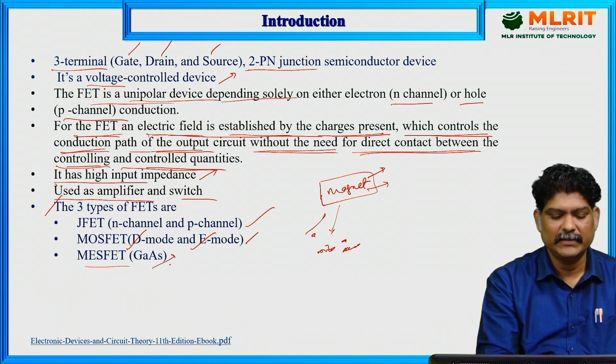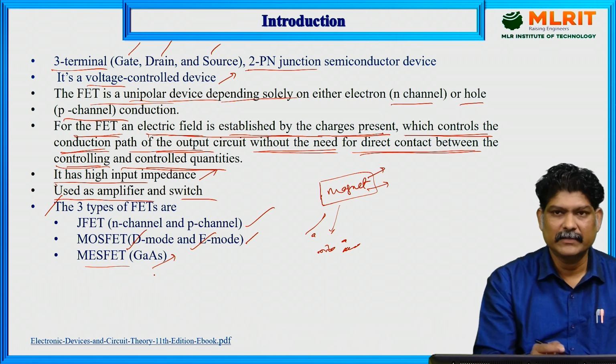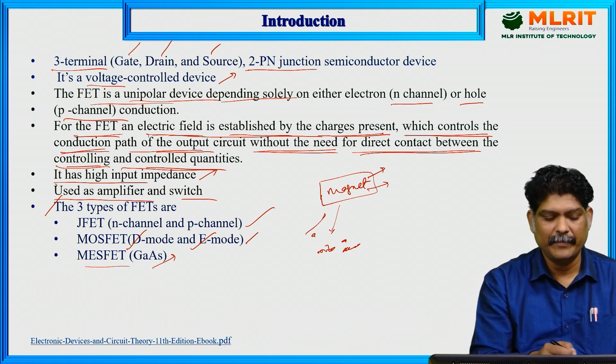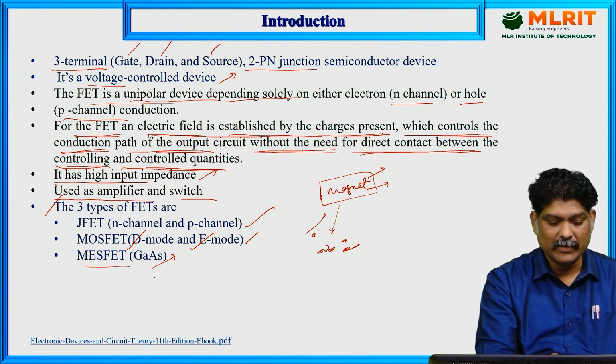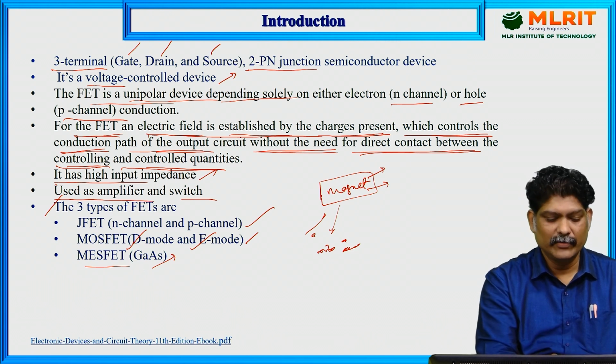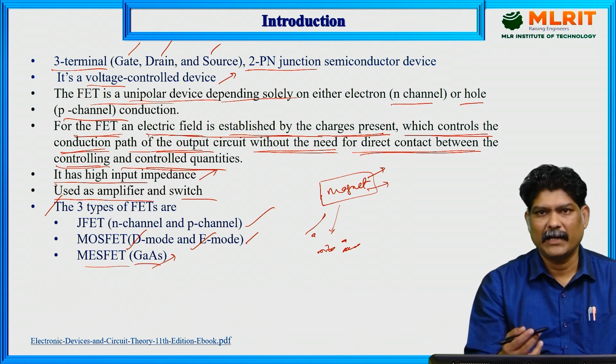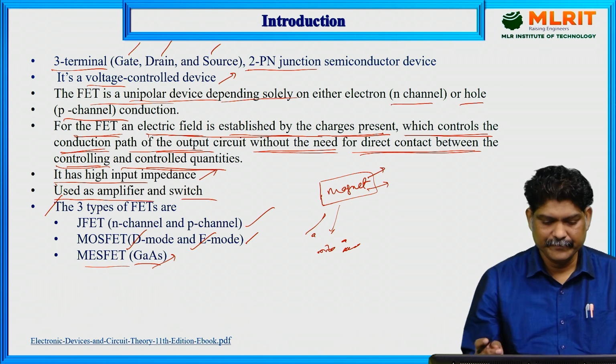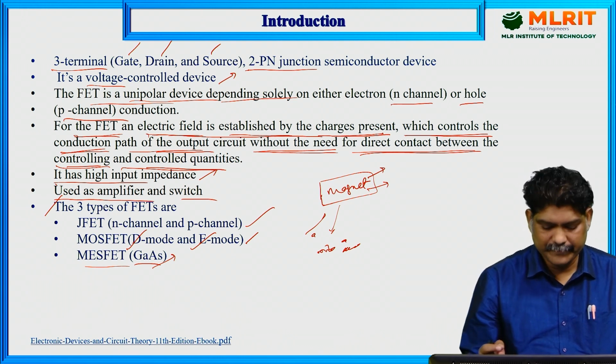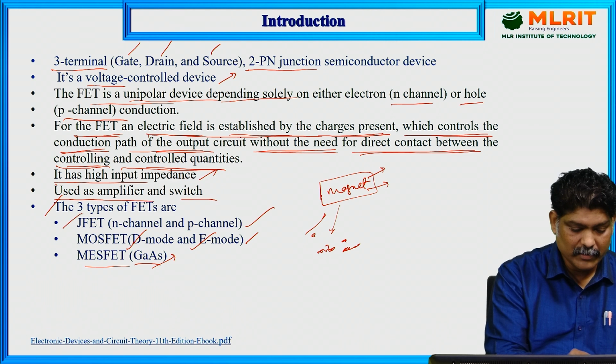The MESFET is the latest updated version of the FET, because in it we use gallium arsenide, which has high switching characteristics. Let us see one by one. We mostly concentrate on the JFET.